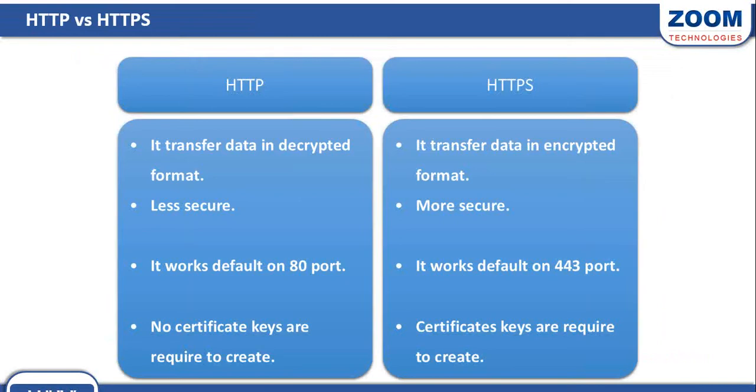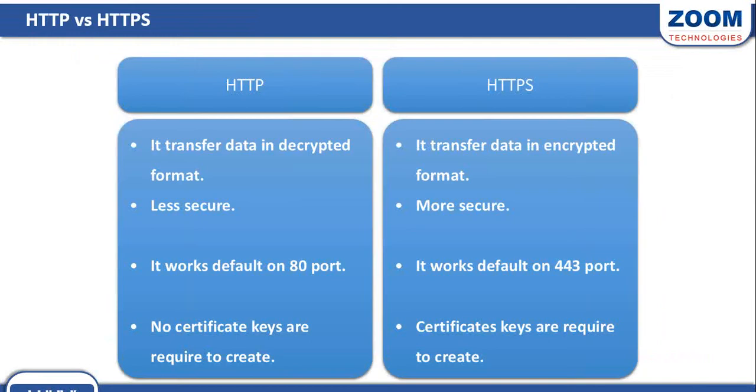HTTP is less secure, HTTPS is more secure, obviously, because it transfers data in encrypted format. HTTP works by default on port 80, and HTTPS works on port 443. In HTTP configuration, no certificate keys are required, but in HTTPS configuration, certificate keys are always required to create.